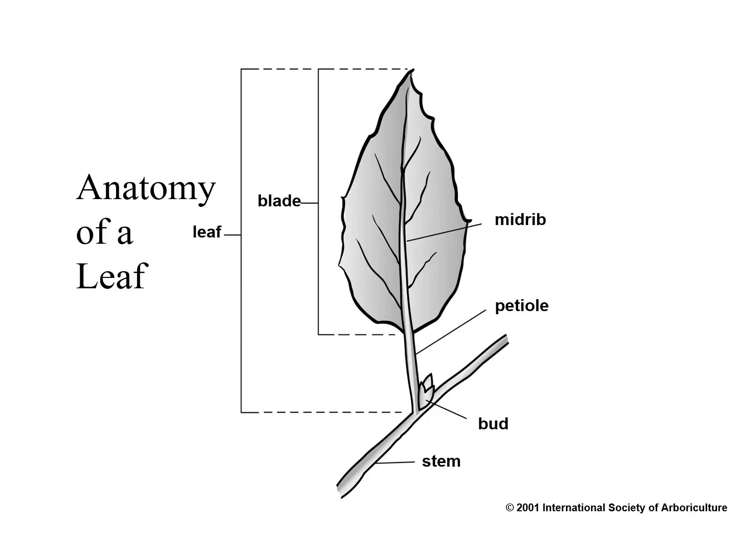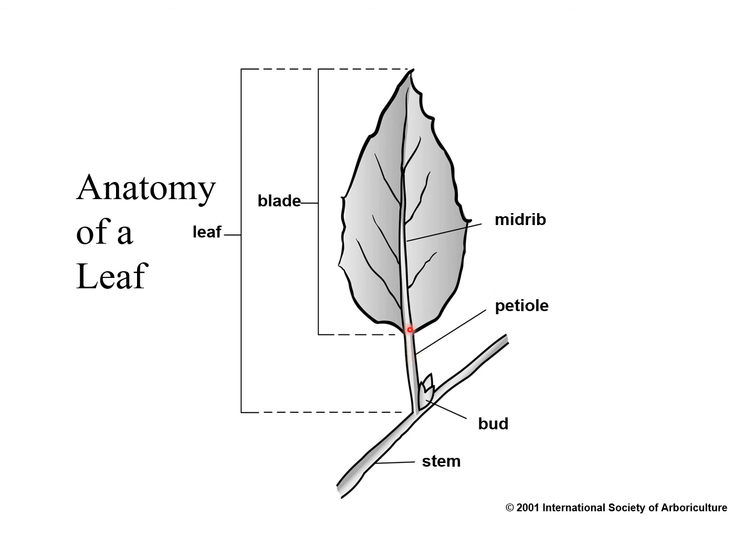Since leaves are commonly used to identify plants, let's go over some of the terminology used to describe the anatomy of a leaf. The entire leaf surface, the green part of the leaf, is called the blade. The leaf itself is the blade plus the petiole.